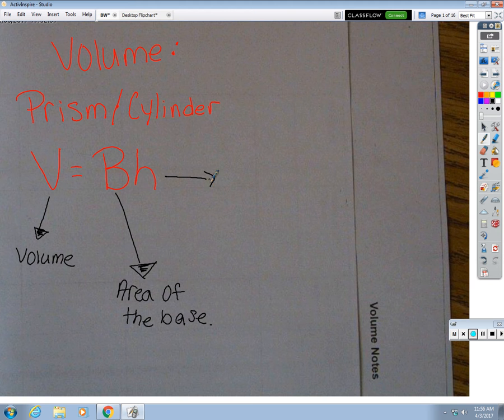And this H, the height of the 3D figure. So volume equals big B times H. V stands for volume. The big B stands for area of the base. And the H stands for the height of the three-dimensional figure.